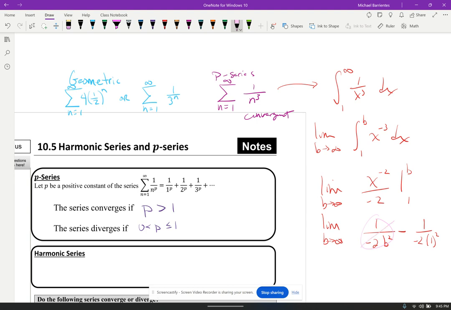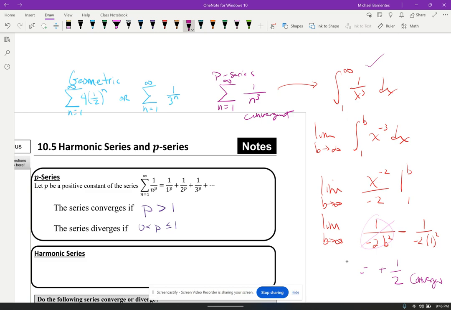So then my answer really is just negative 1 over negative 2, which is positive 1 over 2. So this integral converges. So therefore, this p series, this infinite series, converges as well, right? So instead of doing the integral test over and over again, we just recognize that if the exponent, the p value, is bigger than 1, it is going to converge.